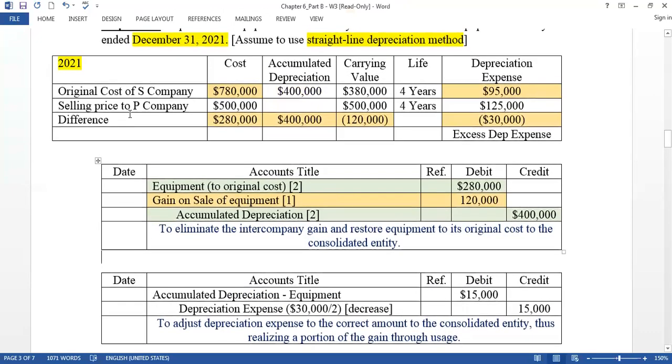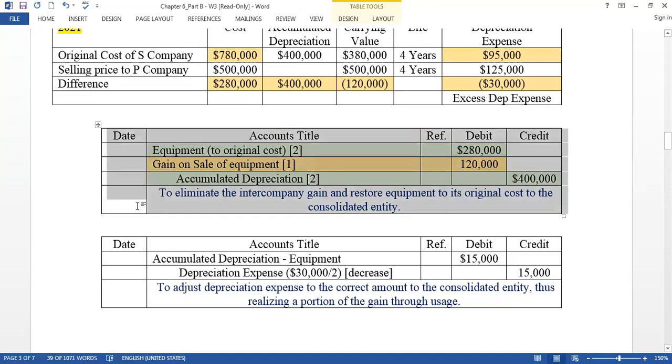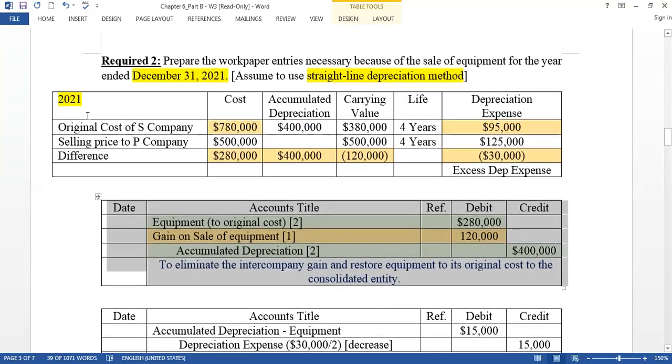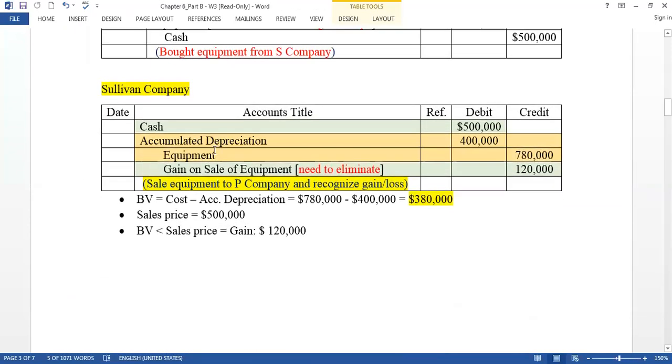Now, when 2022 comes, we have to copy this journal entry. This is 2021, right? When we go to 2022, we do the same journal entry. What is the journal entry? We have to return the asset to its original shape. And if you remember my first class about this topic, this is the gain we eliminate, right?